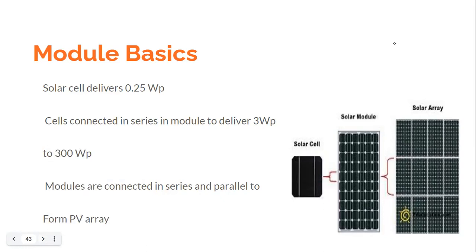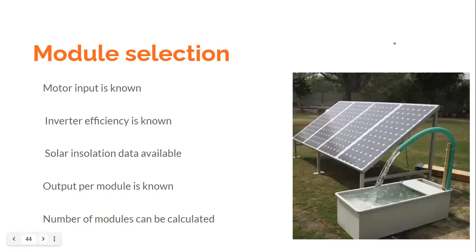Okay, so in order to select the module, and in order to select a PV array, what you would require is information on the motor. Okay, so we had already selected a motor capacity, and in the last lecture we discussed how, from the requirement of water and the total dynamic head, we arrive at the capacity of the pump and the capacity of the motor.